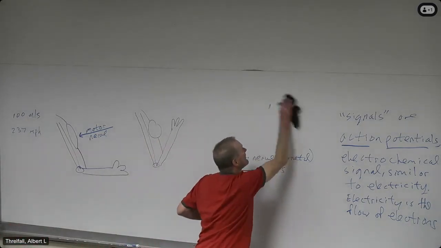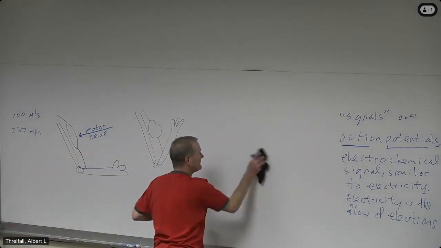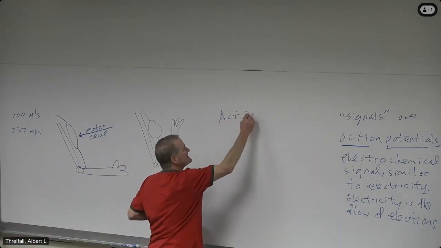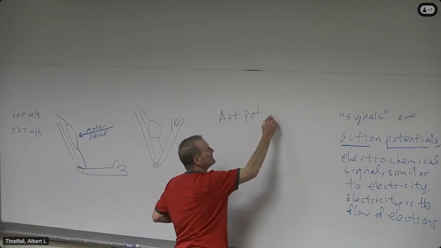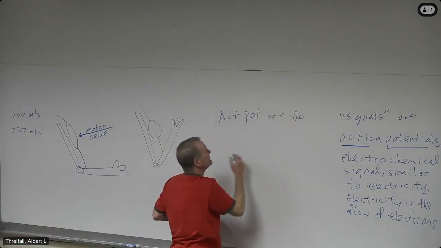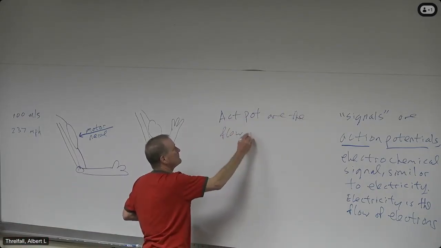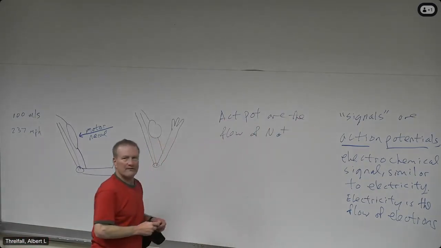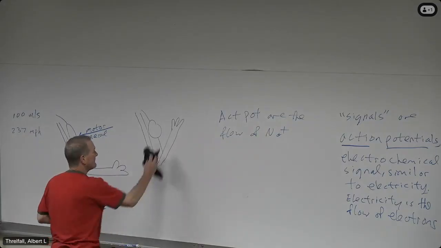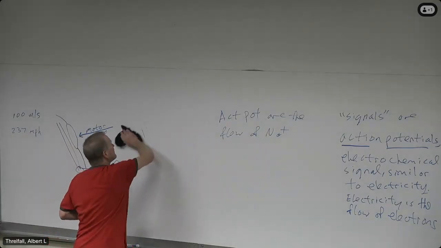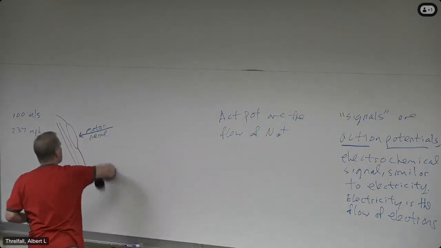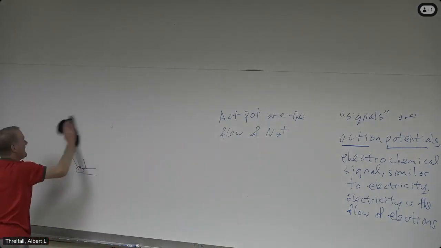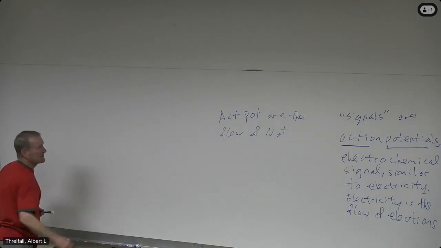Well, guess what action potentials are? Because remember, they're similar to electricity. Action potentials are the flow of sodium ions. What does a sodium ion have in common with an electron?